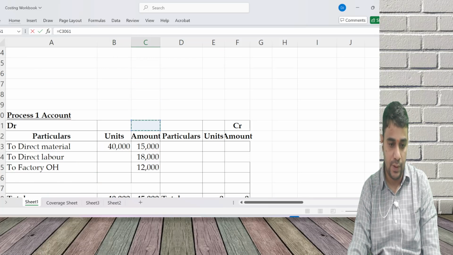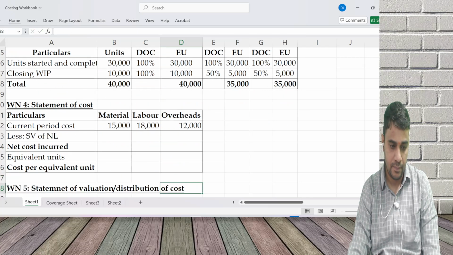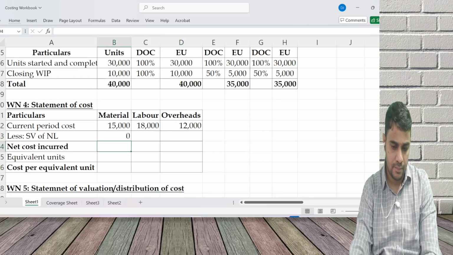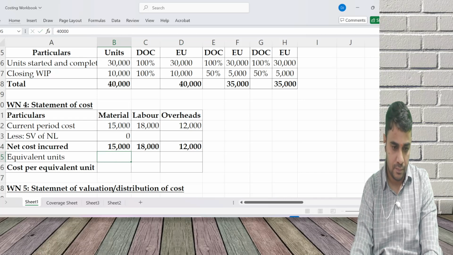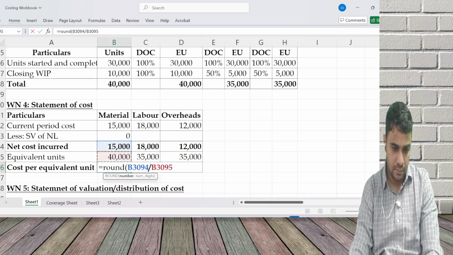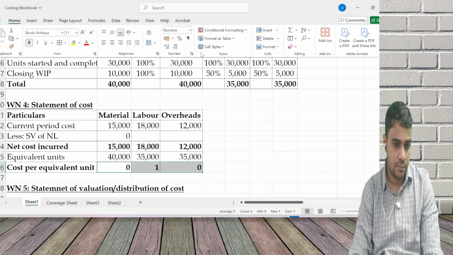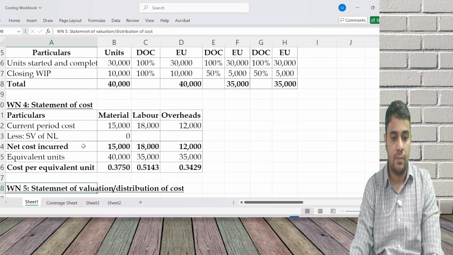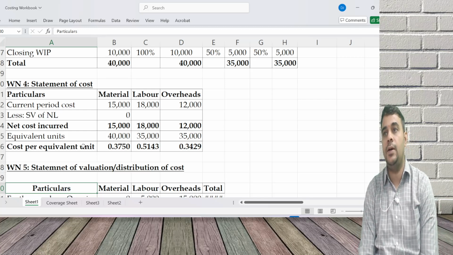Keep it as four decimals when you do the calculation. 0.3750, 0.5143, 0.3429.